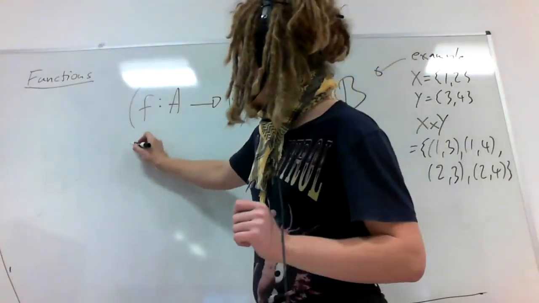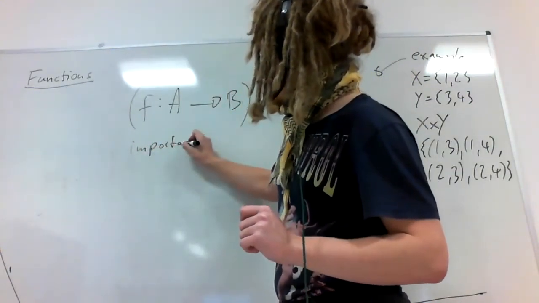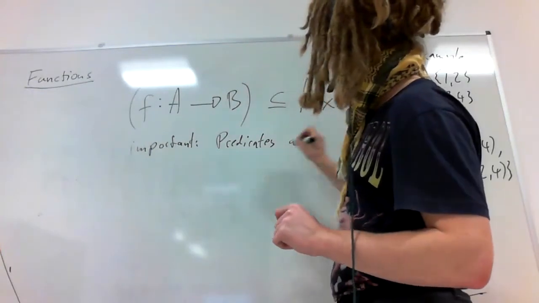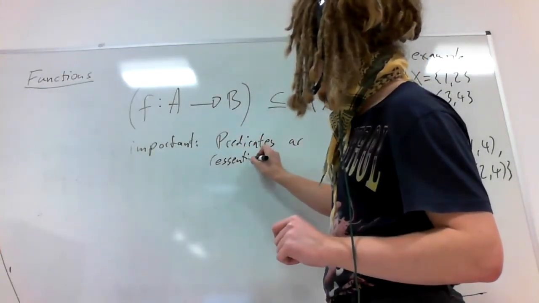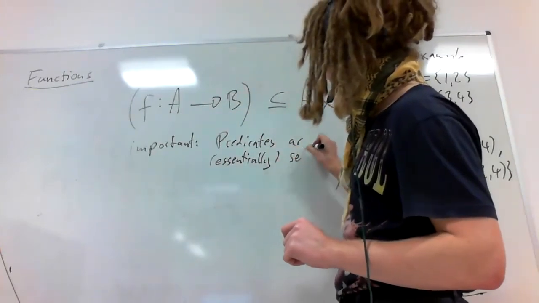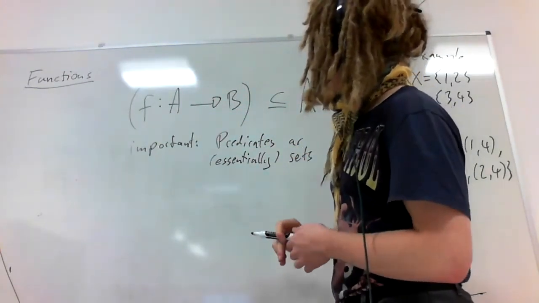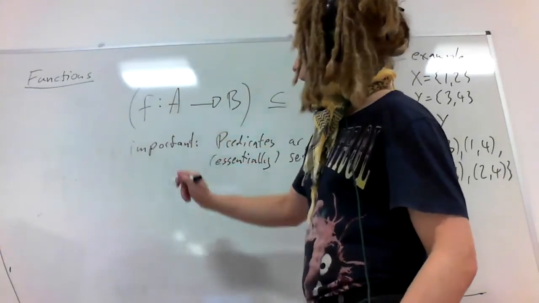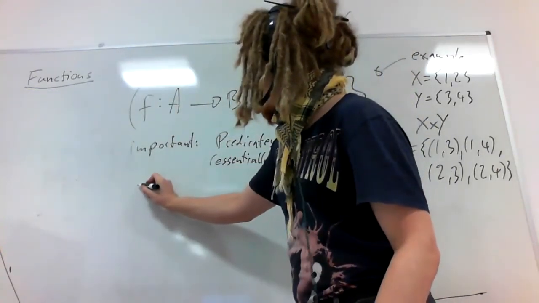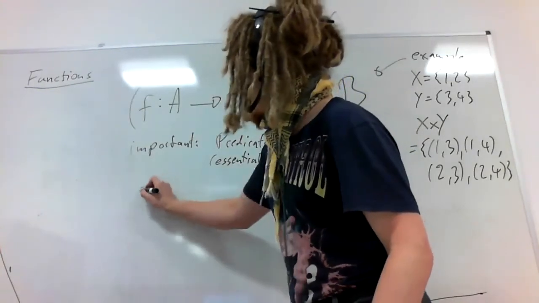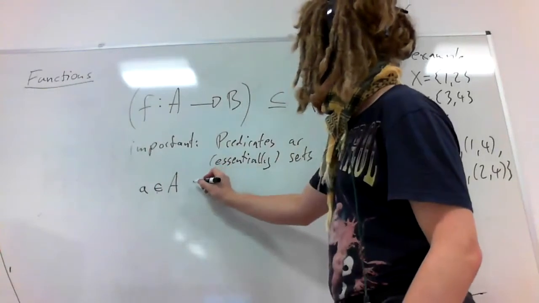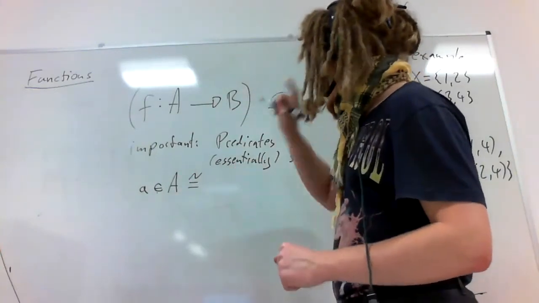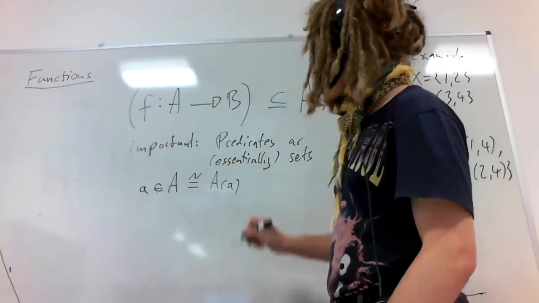If we have our A, and what I just wrote, or use a small a, so small a is in A, essentially just means there is an a such that A of a holds.